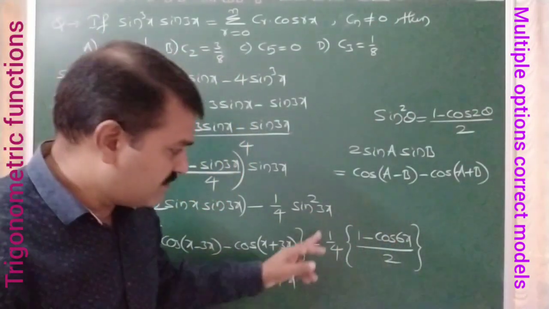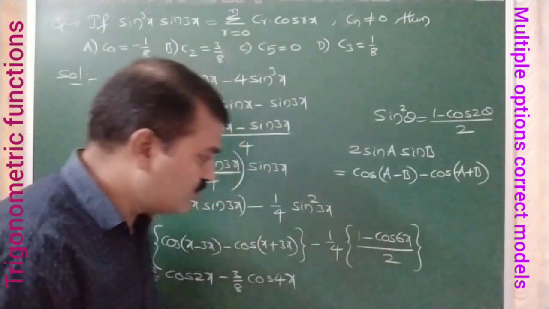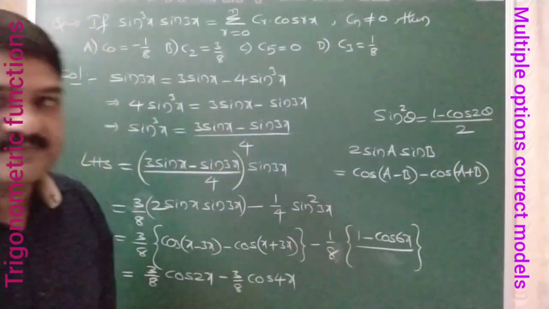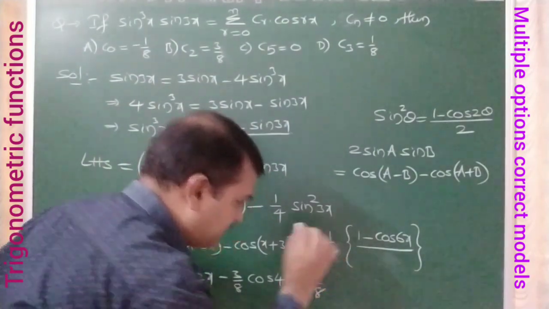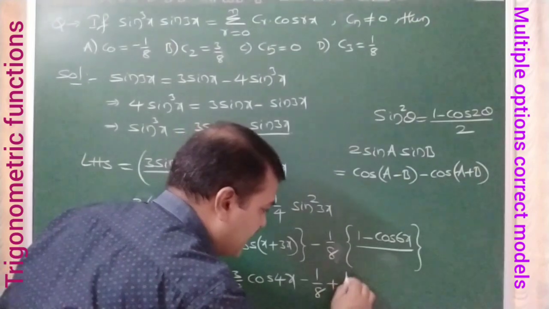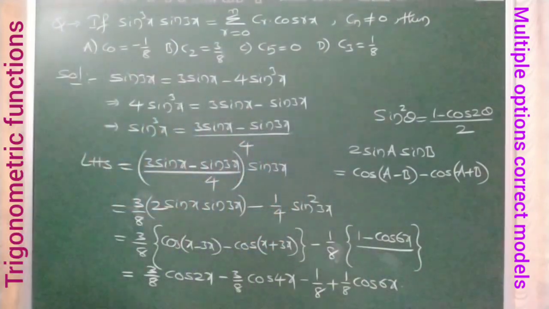The denominator is minus 1 by 4 and here you have 2. Multiplying these two, I can change this as 1 by 8. So minus 1 by 8 into 1, so minus 1 by 8. Minus 1 by 8 into this part, so plus 1 by 8 cos 6x.